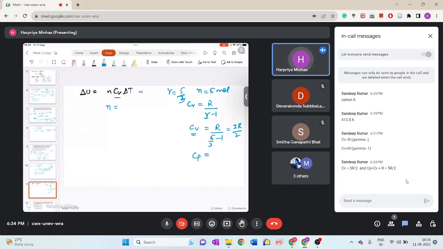And for Cp, you have the equation Cp minus Cv equals R. So accordingly, Cp is equal to R plus Cv. Now add this term, R plus 3R upon 2, and we have Cp equal to 5R upon 2.